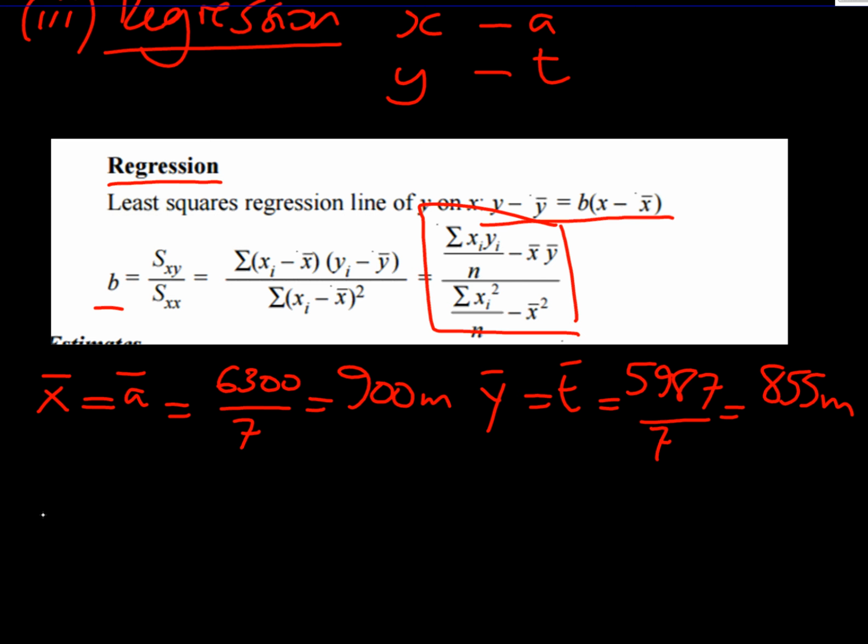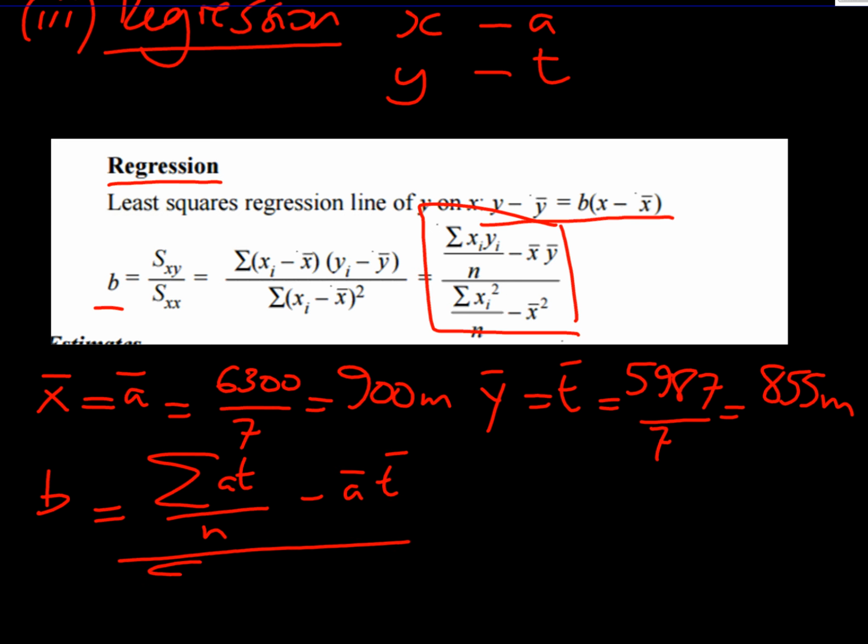Our next part of this is to work out what b is using the formula. So if I just sub in so we can see it, converting our x and y into A and T, that's the sum of A times T over n minus A bar T bar, over the sum of A squared over n minus A bar squared, isn't it?